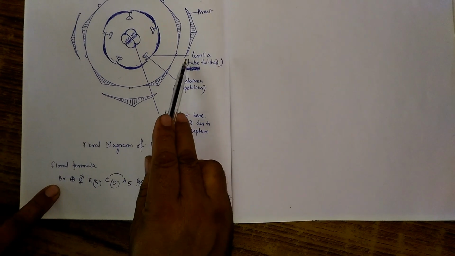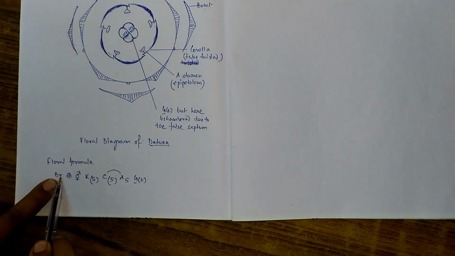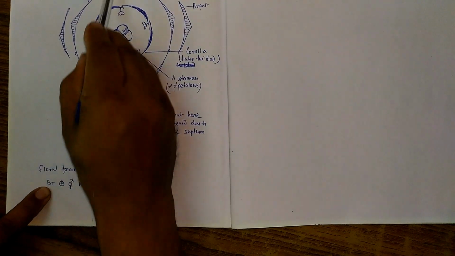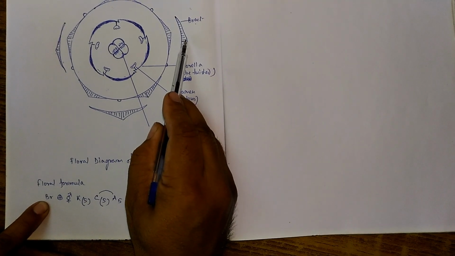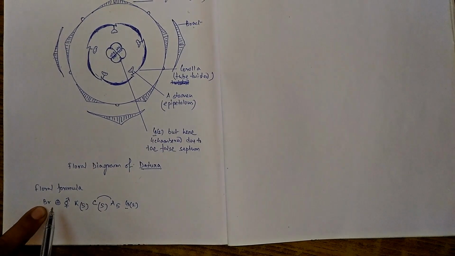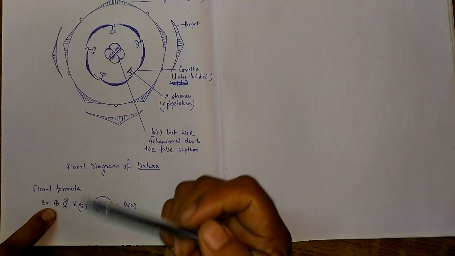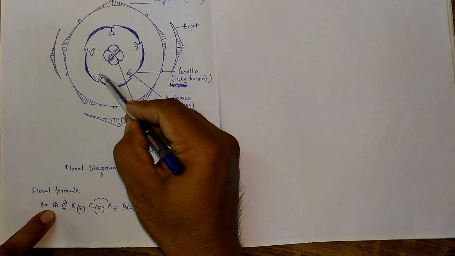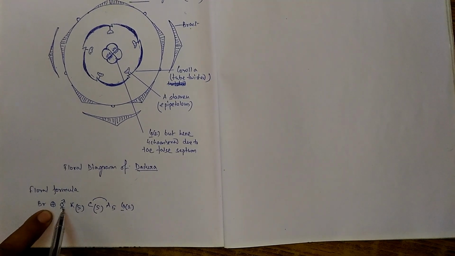Since the flower is bracteate, here it is BR. BR means bracteate, and flower is actinomorphic, so here plus sign. And since it is having stamens and pistil, bisexual sign.